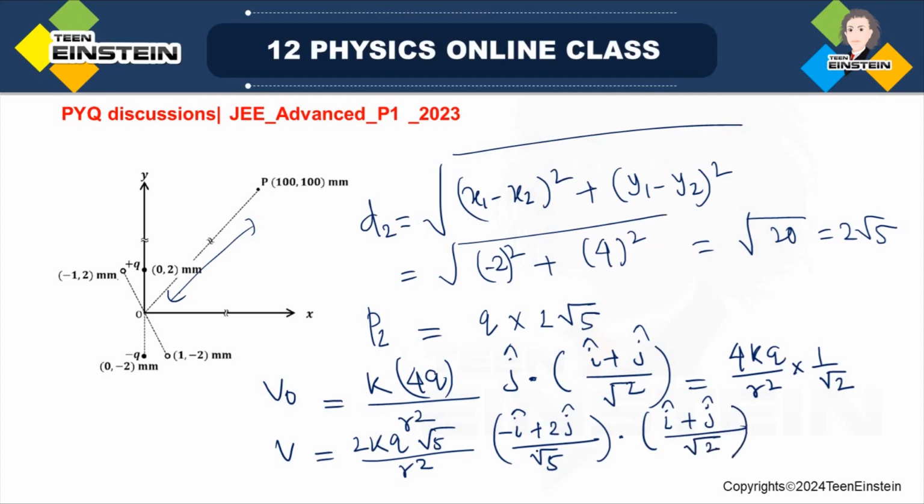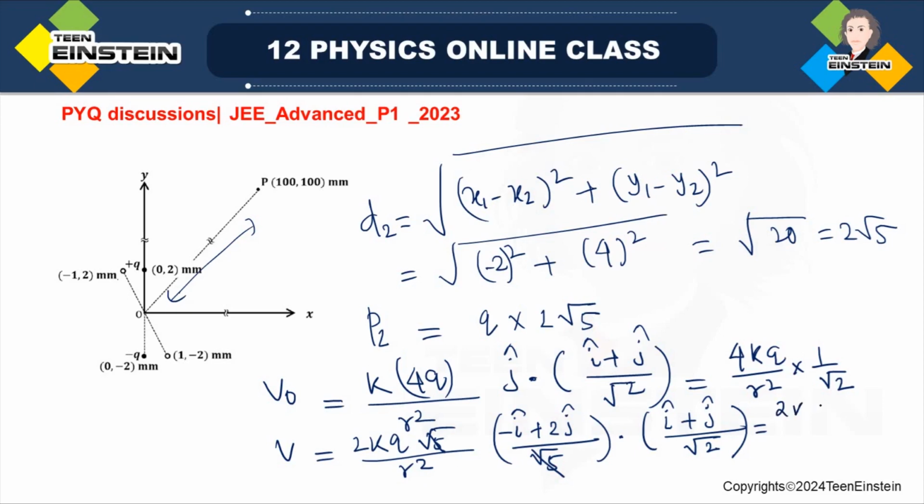Now look, from here at least I can strike this 2 out, and the dot product will give some value. So let me write it here. This root 5 I have cancelled out.